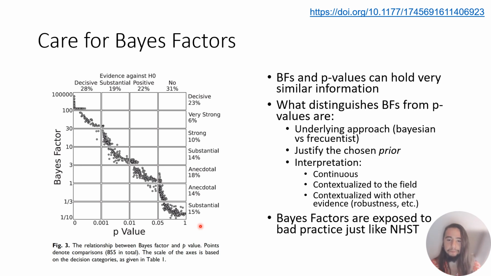For example, in conditions of non-informativeness, for example, very wide priors or normal distributions, etc., p-values are not very different from Bayes factors, because as p-values are reflecting data likelihood, if your prior is not very informative or you don't have any special conditions, Bayes factors can reflect the same information. So we need to be careful about what is distinguishable between Bayes factors and p-values, to not do the same thing just with extra steps or with fancy methods.